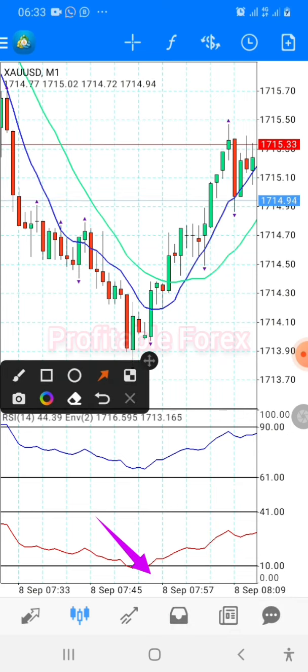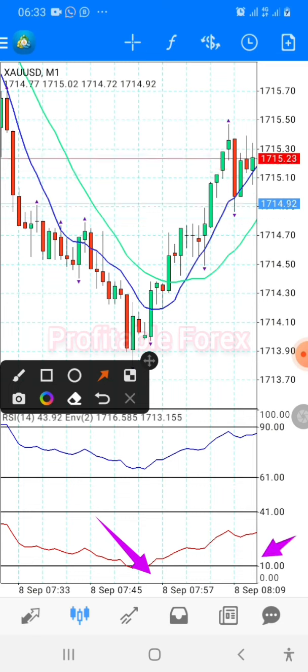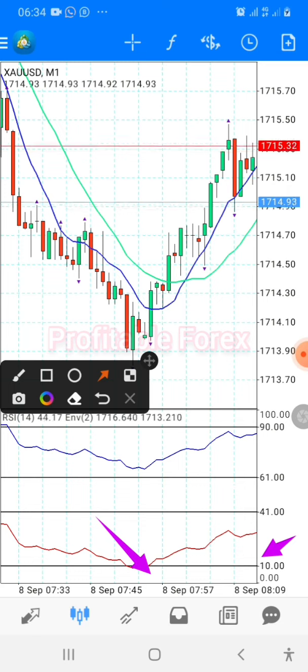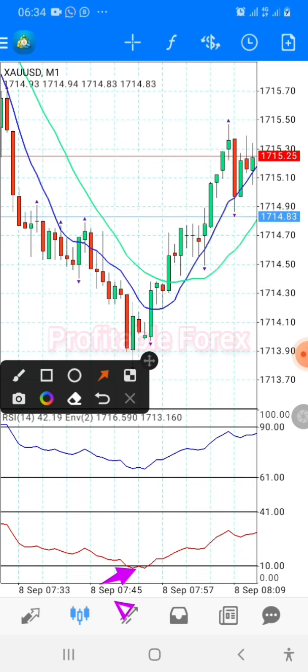And not just touching it, it has to go a little below it. Like you can see here, when you watch closely, it has to go a little below it.